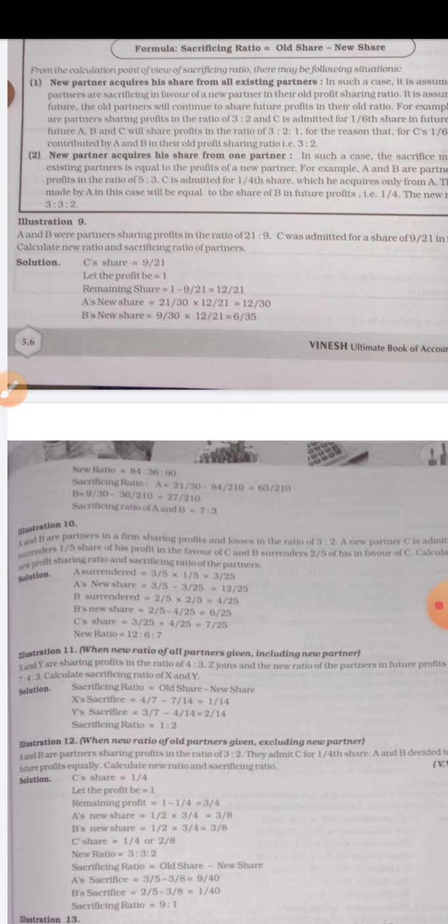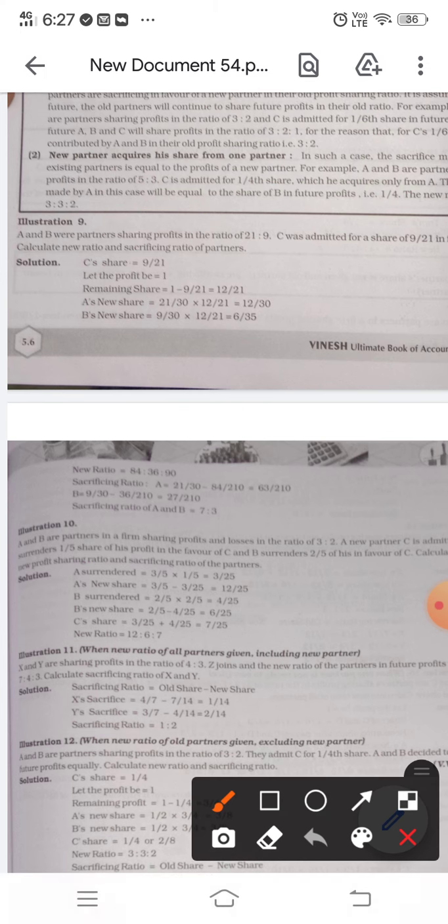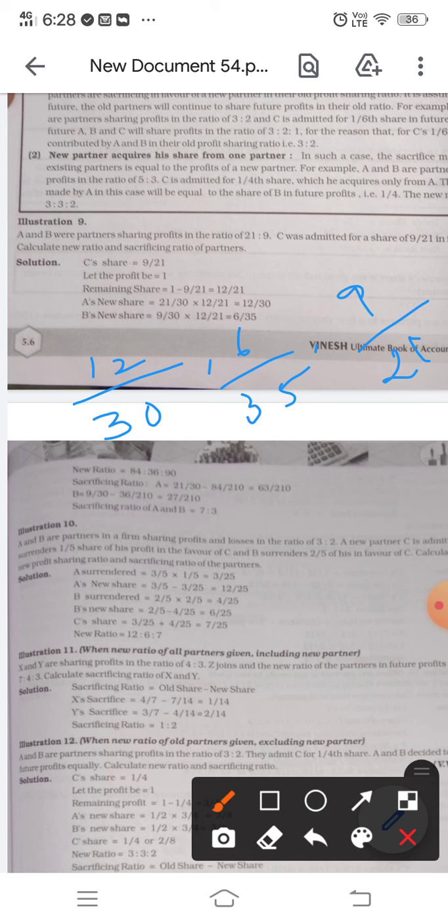How they calculated the new ratio? That is, see, 12 by 30 is the A. I am right. 6 by 35 is the B. And 9 by 21 is the C. Okay.